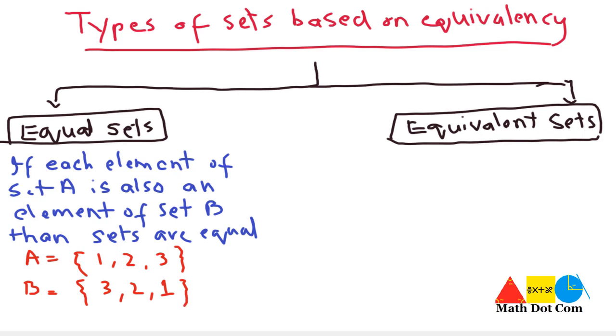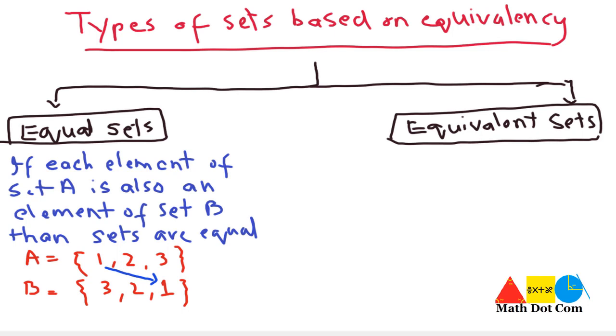Now, are these sets equal? Yes, they are equal, as the number of elements is the same, and the elements themselves are the same. Here we are not only concerned with the number, we are also concerned with the elements themselves. Like in set A there is a 1.